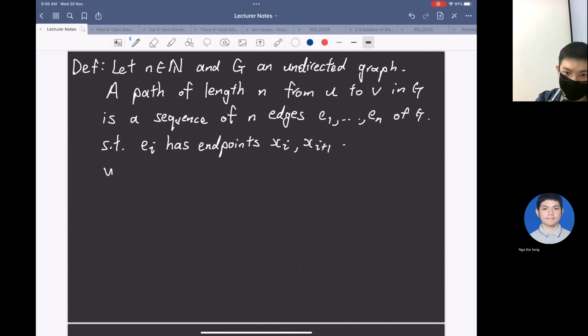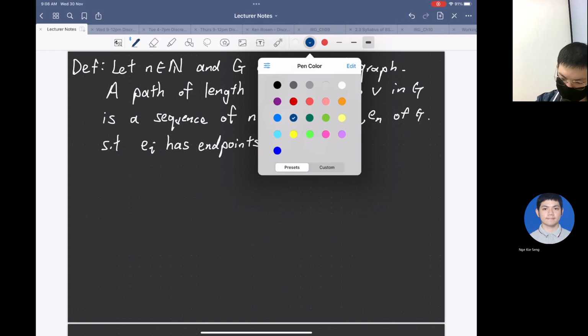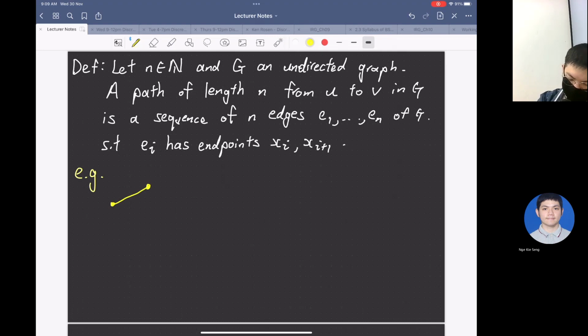Do you need an example or not? Okay. So for example, you have this graph here, and then you label your graph as x1, then x2. Here I think I need to add something.